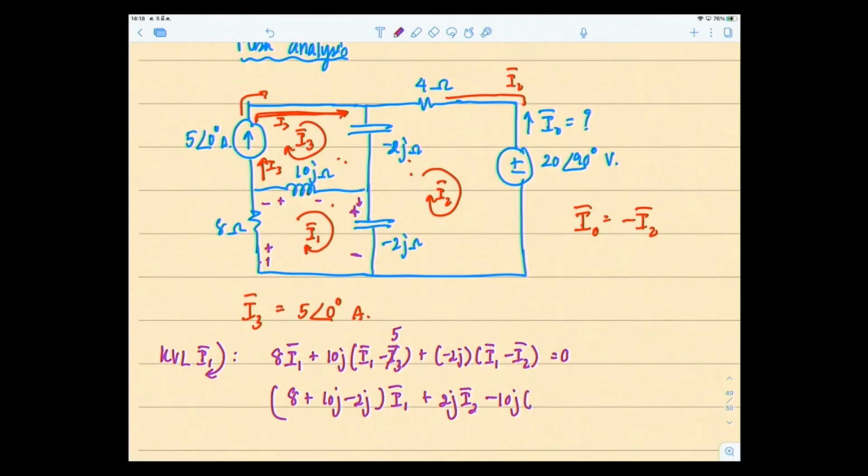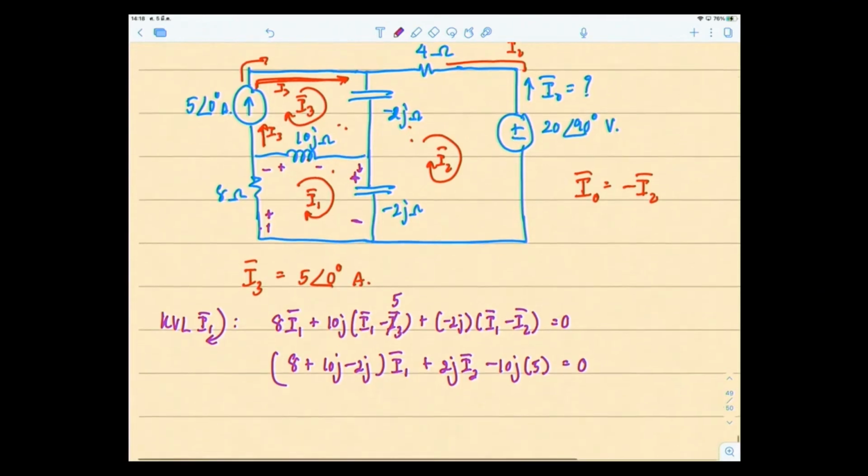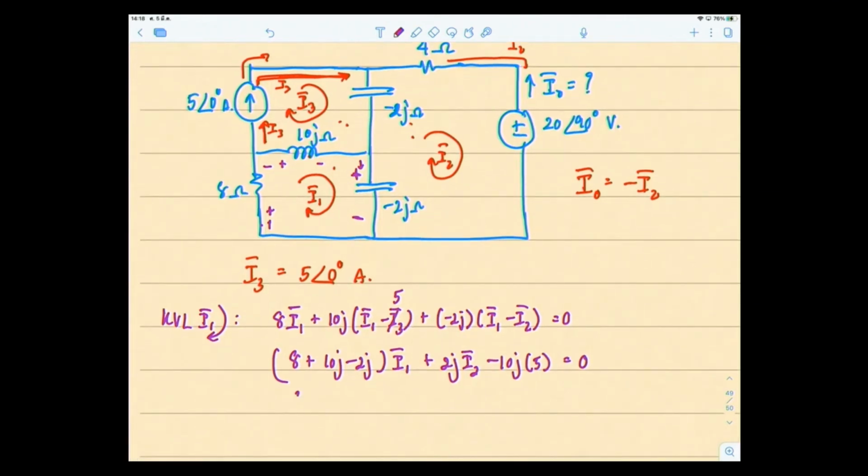Since I3 is 5, you get 8 plus 8J I1 plus 2J I2 equal to 50J. This is your equation number 1.